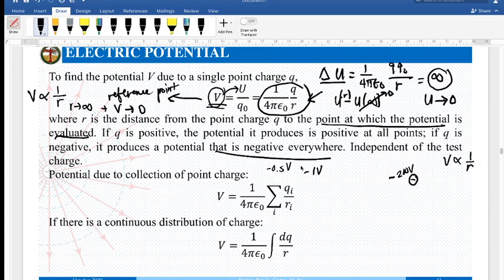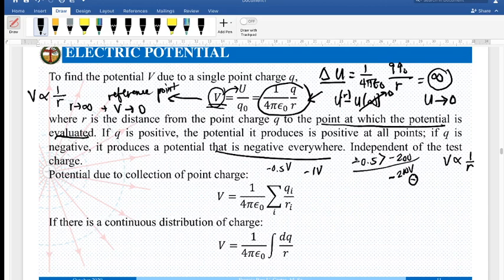So if you get closer to your negative source charge, the magnitude increases. But remember, the potentials produced by a negative source charge are all negative everywhere. So with respect to our Cartesian coordinate system, your negative 0.5 is actually greater than negative 200.